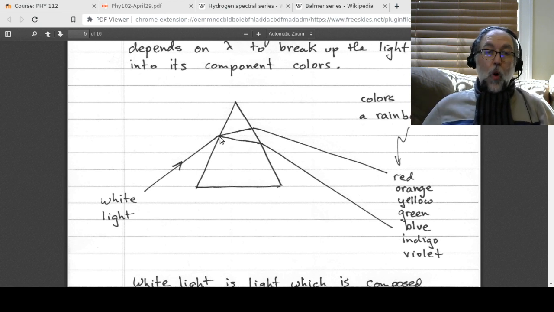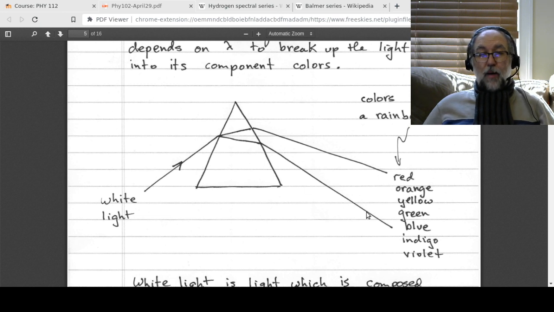The red light won't bend as much, and so it's going to travel along this upper edge here, and then it'll bend again, but again, it won't bend that much, and so this upper edge gives you the red end of the spectrum for this white light. The violet light, which is at the other end of the spectrum, will bend the most, and so you can see it here bending more than the red did, and then even when it exits, it bends even more.